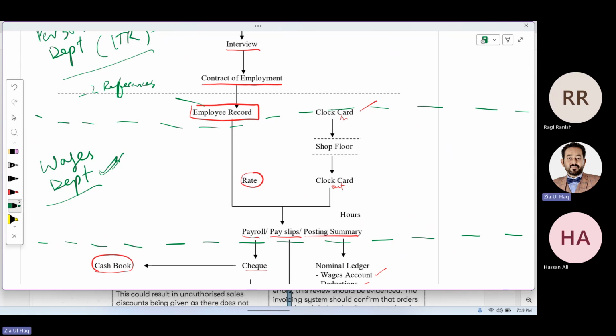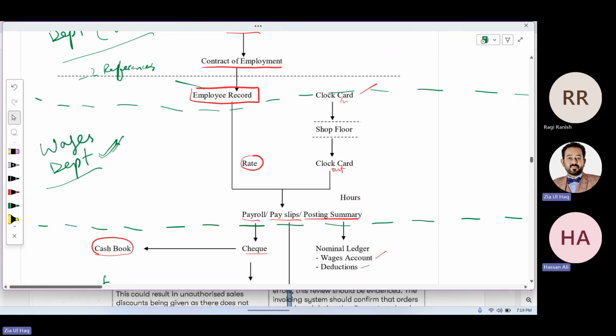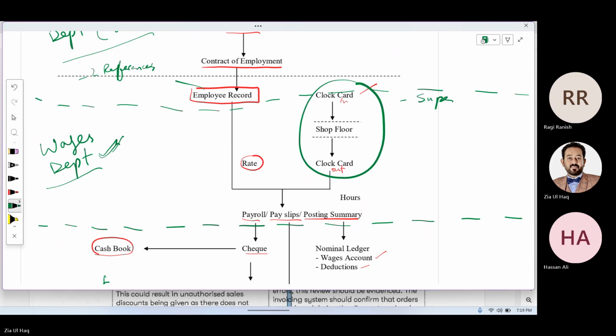Okay, next control. The clock in, clock out process should be supervised. If you have given a card to the employee, at the start of the work you need to scan this card, and at the end of the work you need to scan this card. One employee might be scanning more than one card, like those of absent employees as well.